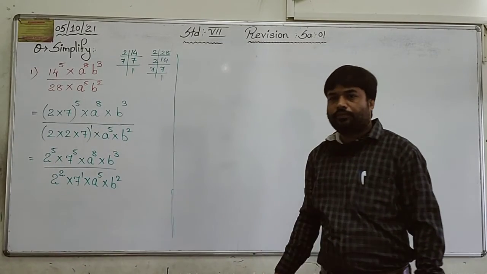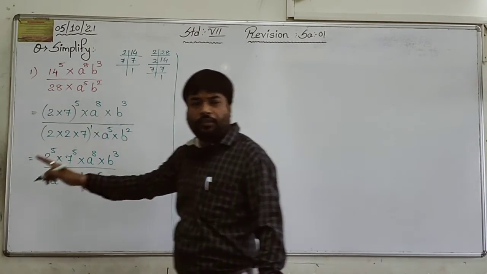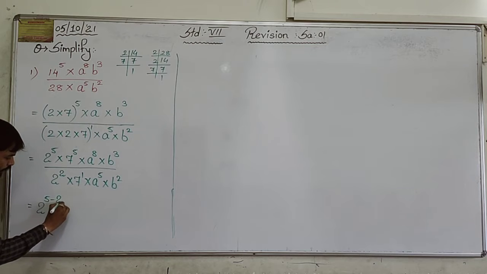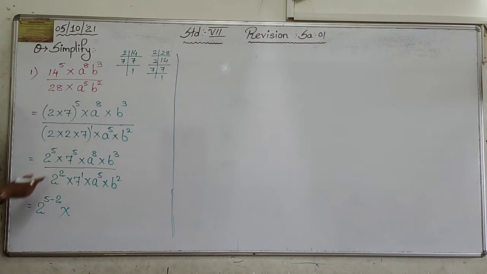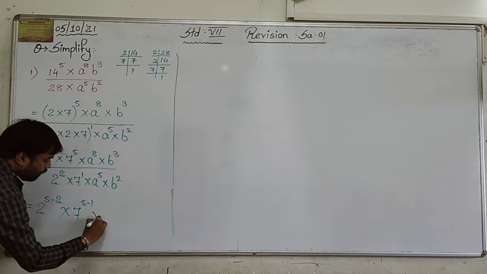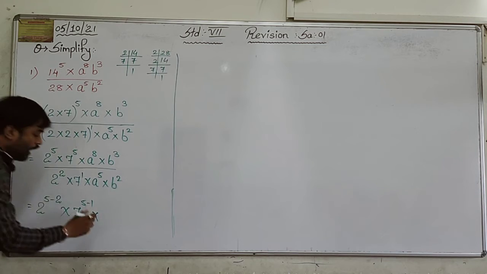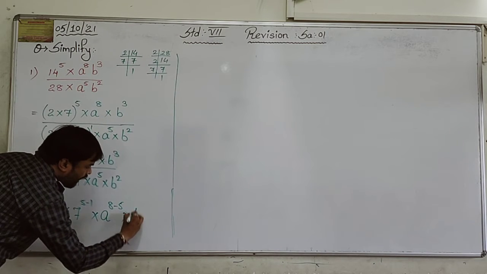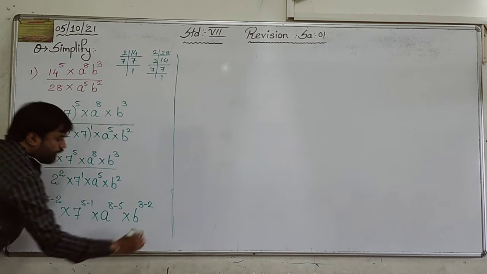Now what shall we do? Right? Try to search for common terms in the numerator. Is there anything common? No. Over here? No. Upside down? Yes. Try to solve that. So that is equal to 2 raised to 5, which is bigger, so 5 minus 2, multiplied by again 5 is bigger, raised to 5 minus 1, multiplied by again 8 is bigger, a raised to 8 minus 5, multiplied by b raised to 3 minus 2.